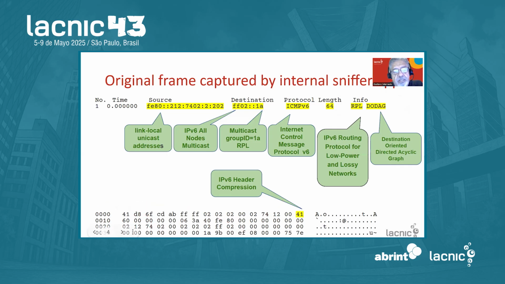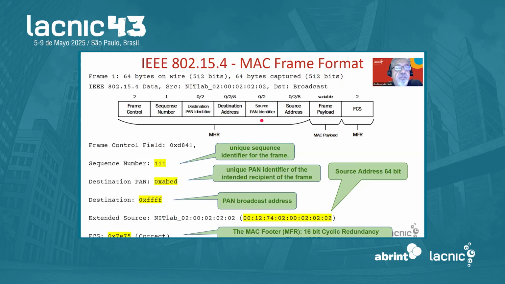And finally, here we have the complete frame, and there you have the details. One byte here, that is 41, is the first packet of the IP layer of this frame, which corresponds to the IPv6 header compression. So let's analyze this protocol.